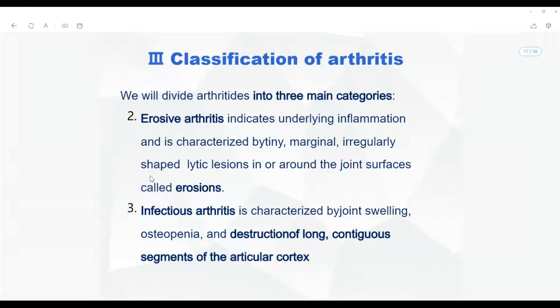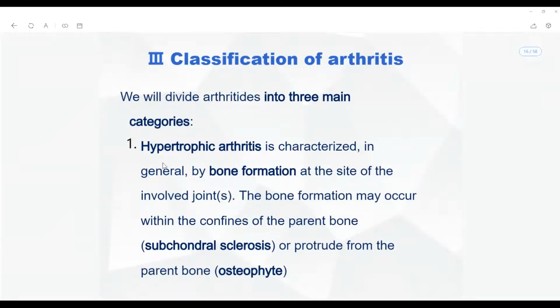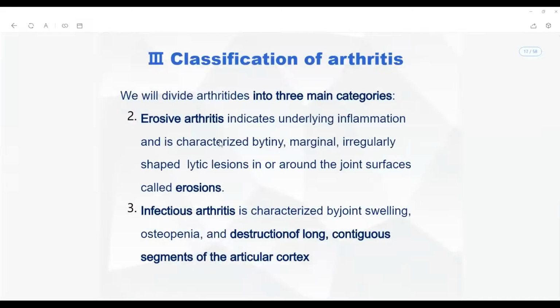So let us try to look once again at the three categories. Hypertrophic arthritis, which is characterized by new bone formation, and there will be subchondral sclerosis along with osteophyte formation along the parent bone. Next, we have erosive arthritis, shown as heterogeneous to hypodense osteolytic or osteodestructive lesions in and around the joint surfaces, which are called erosions.